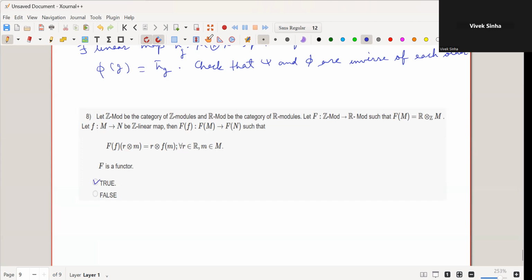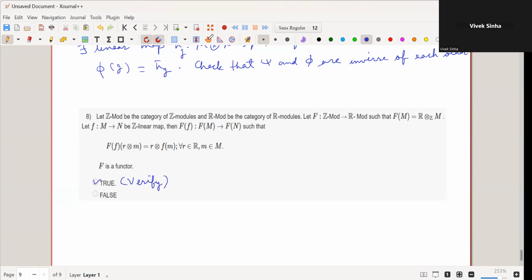So it will be a functor. You should verify the properties of a functor, but you can see the objects and maps are well defined. A Z module is mapped to an R module, and the Z linear map between two Z modules is mapped to an R linear map between two R modules.